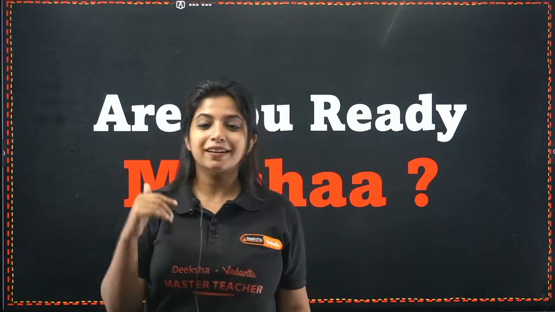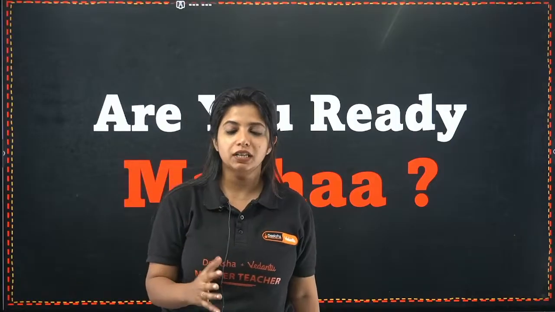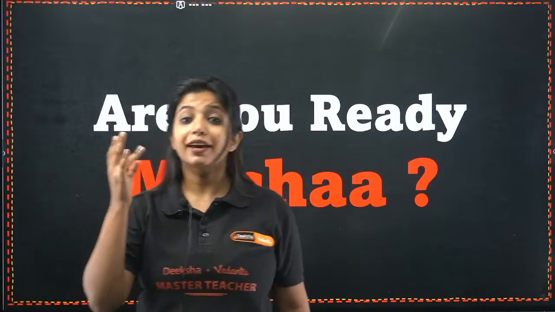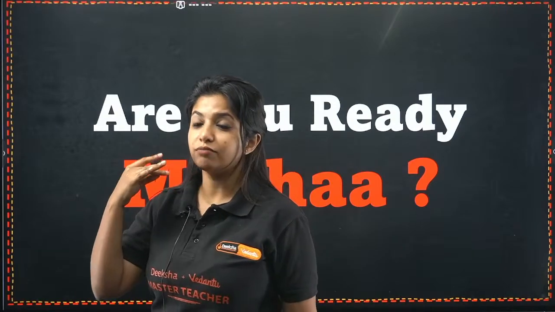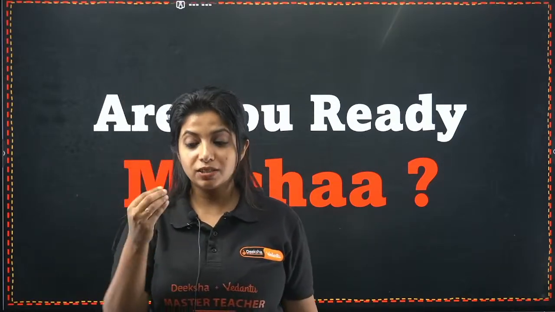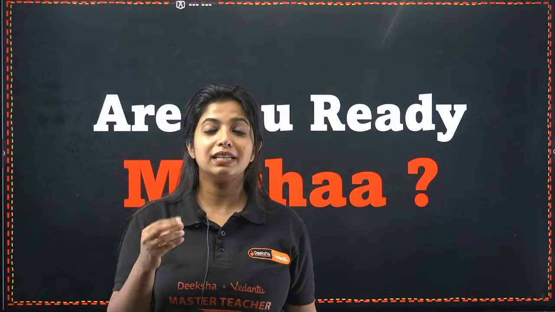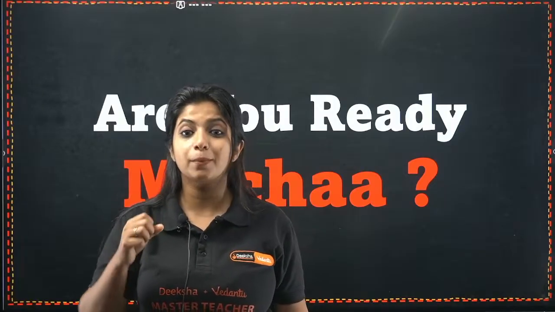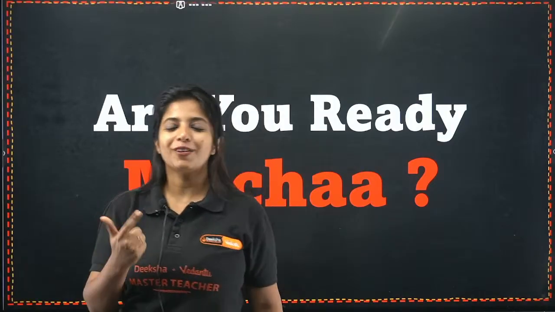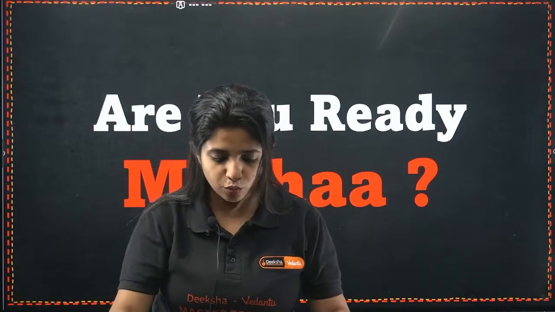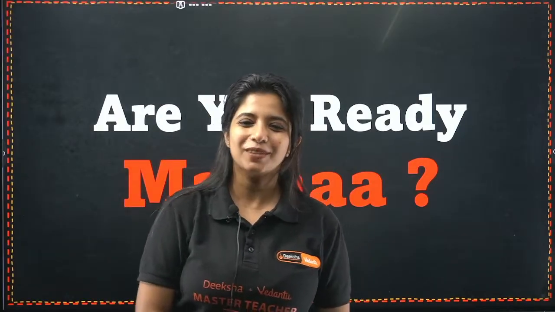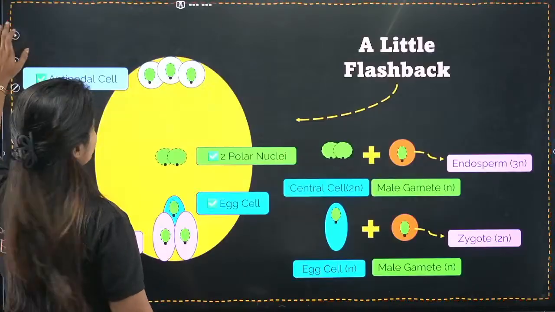In the last part, that is today, we are going to cover endosperm formation, embryo formation, and the different types of seeds which are produced. We'll talk about different processes happening in plants, for example apomixis, polyembryony, parthenocarpy, which usually confuse children. So this is what I have for you, and with that, let's go ahead with today's session.